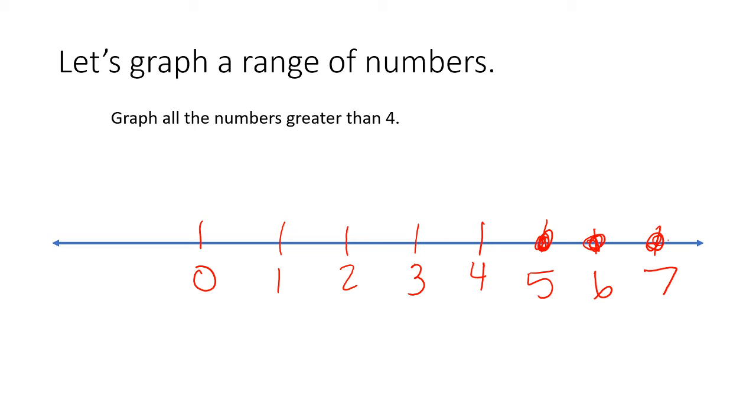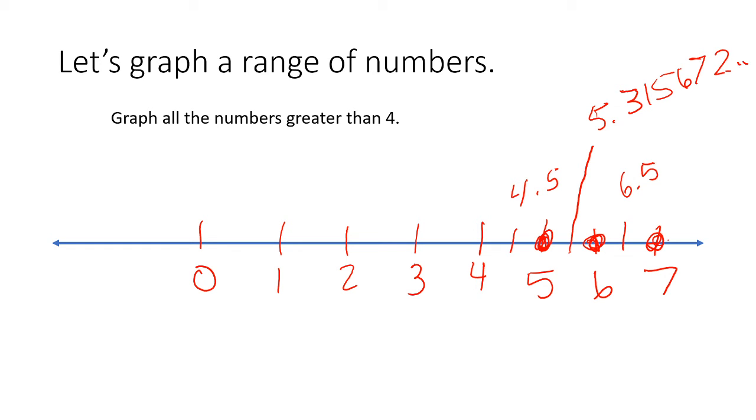What about 4.5 in here, or 6.5, or even the irrational number 5.31567, and so on? Those are numbers that are all bigger than 4, but we haven't graphed them.